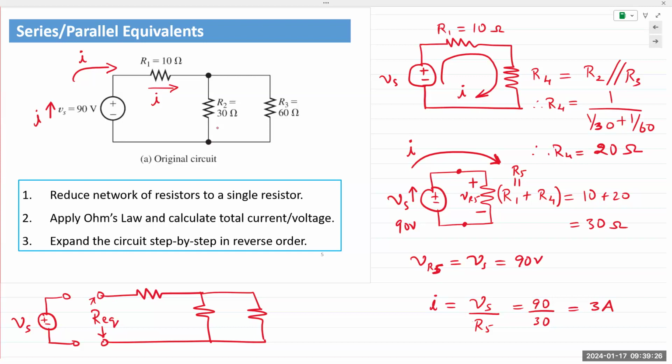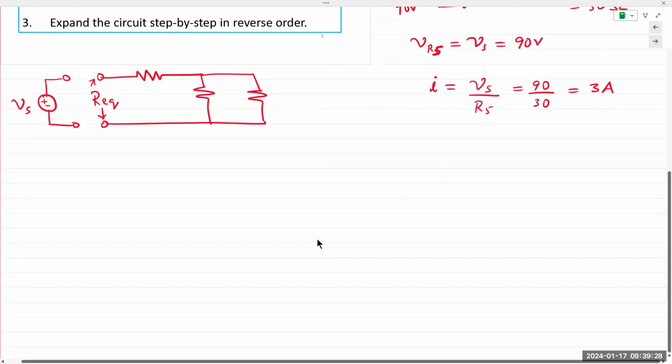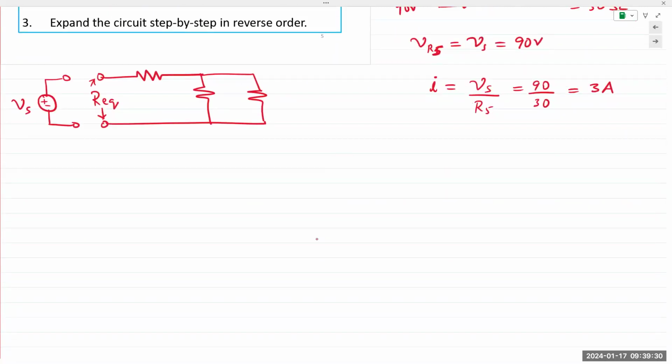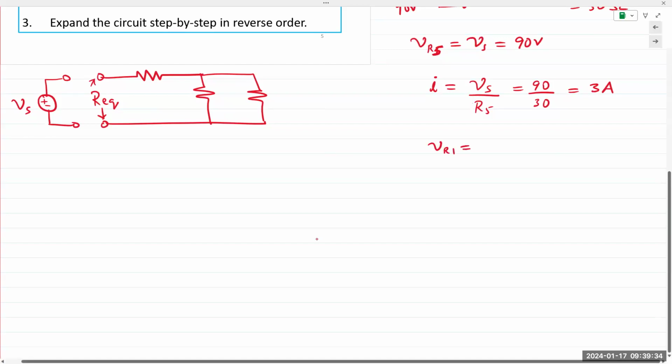So let's do it. Continuing from VR5, I have I. VR1 would simply be I times R1. So 3 times 10, 30 volts.